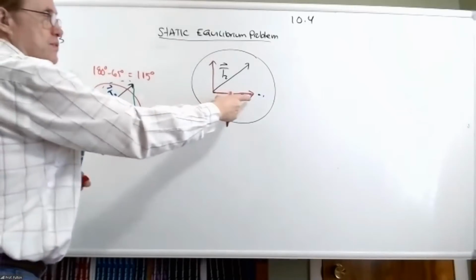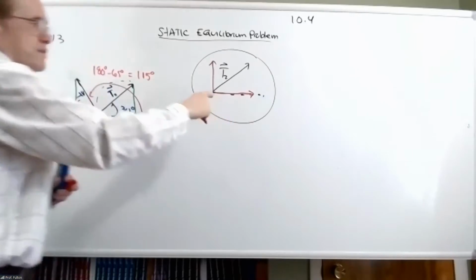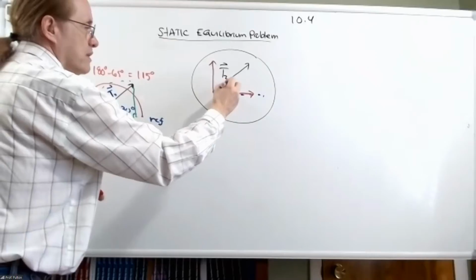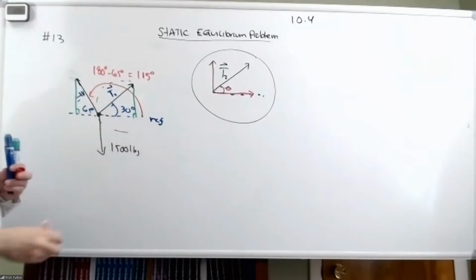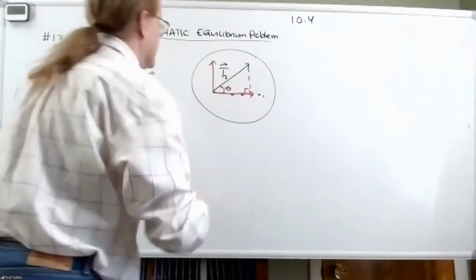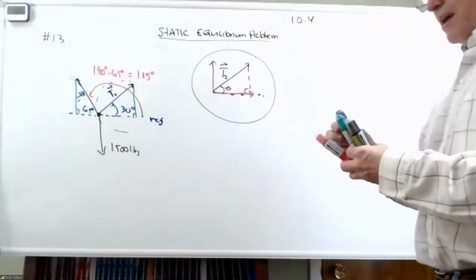The magnitude of this vector is just its length. Its angle over here, I'm going to call theta, and theta is 30 degrees in here. I can move that over, and you see you have your right triangle again.